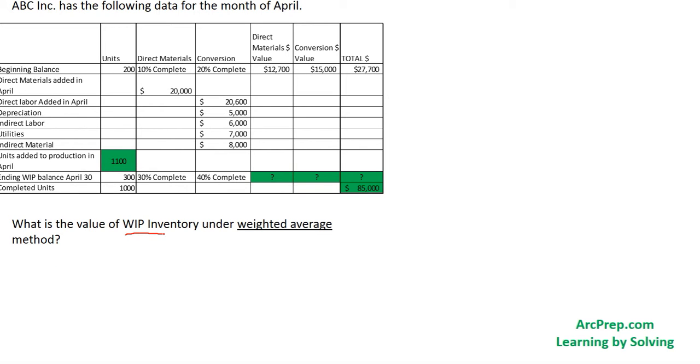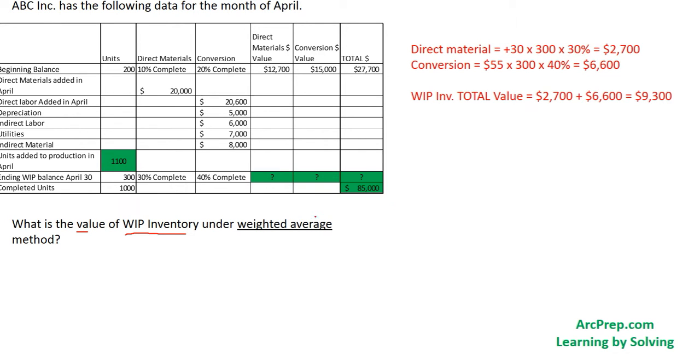Let's calculate the working process inventory's value under the weighted average method. Now, we know that per 100% complete item, direct material cost is $30. We have 300 units, but they are not 100% complete. They are 30% complete. So from a direct material perspective, we use 2,700.